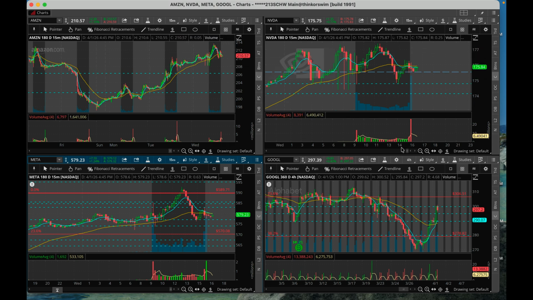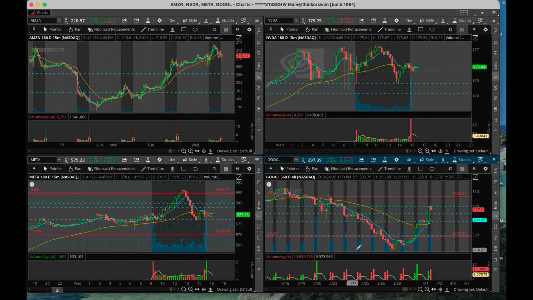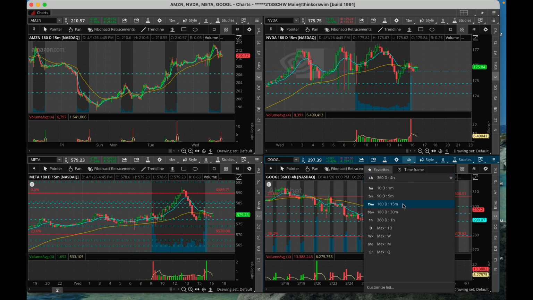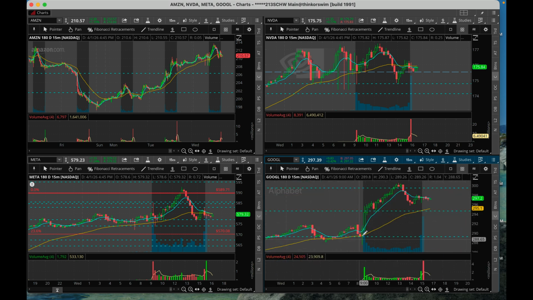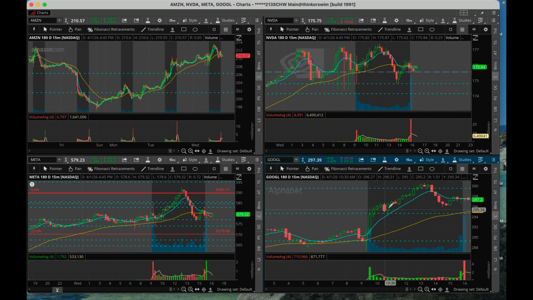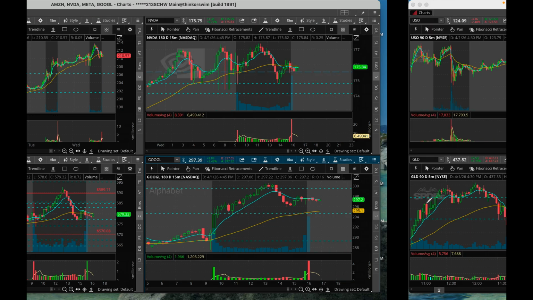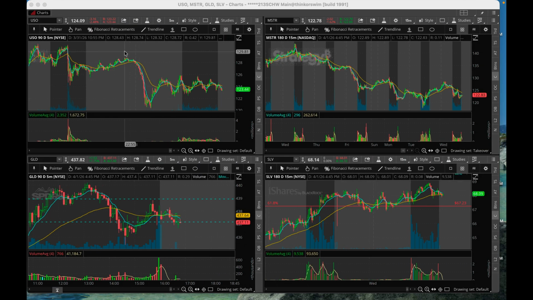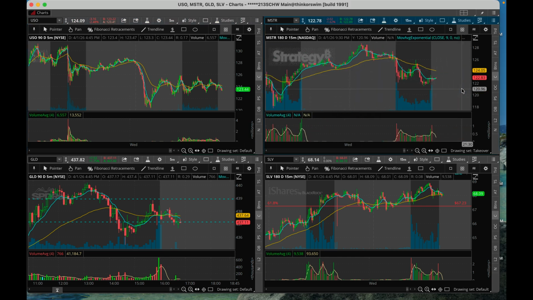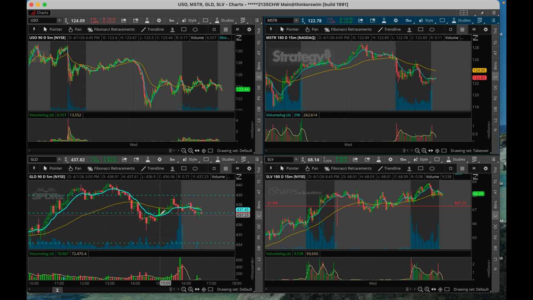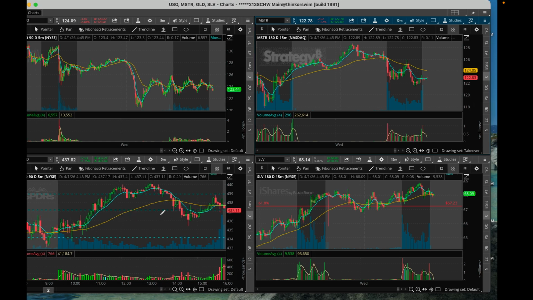Nvidia is pretty much in a range, and Google actually had one of the biggest days. This is the 4 hours. So let's switch to the 15, and it did trend up above this 9 EMA most of the day before having a pullback. Then you got oil, which was pretty sideways today. MicroStrategy, pretty sideways, downtrend. And then you have silver and gold, which are slightly bullish with some sideways action.